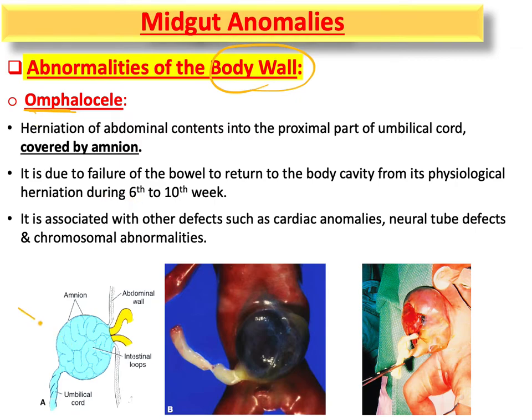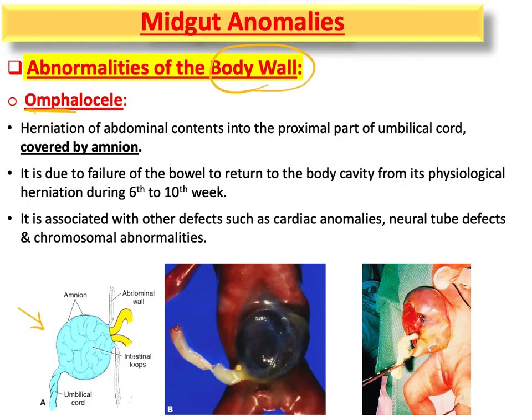So you see here, this is the umbilical cord, this is the anterior abdominal wall. So there are abdominal contents, which can be small intestine, jejunum, ileum, liver, or so. So the abdominal viscera or contents are still herniated outside in the proximal part of the umbilical cord that is close to the abdominal wall, as you see here.